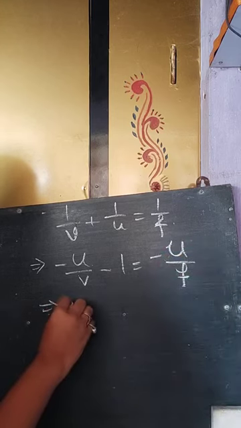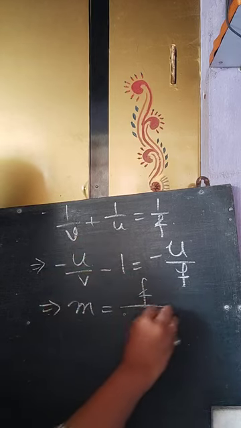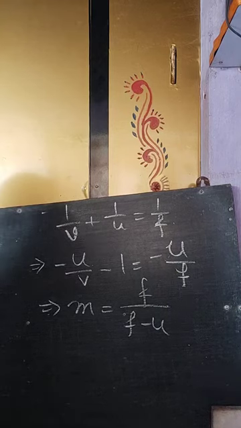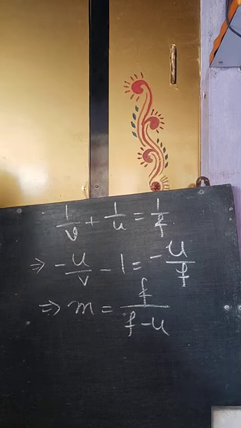So what will be this m? If you evaluate this, it becomes this. So the magnification will be negative when the image is inverted and positive when the image is erect. Already you know that.